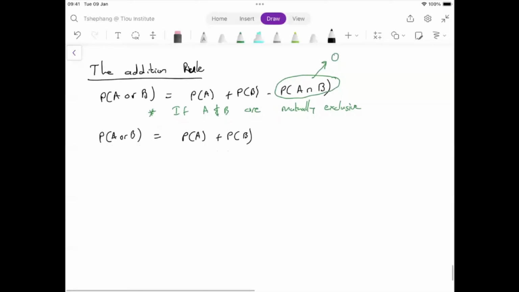Now remember that on your formula sheet, they will just write it this way. Probability of A or B is equal to P of A plus P of B minus P of A and B. These are the symbols that you need to be aware of. We've discussed them. I think everyone is happy with that. Okay. Now, complementary events.